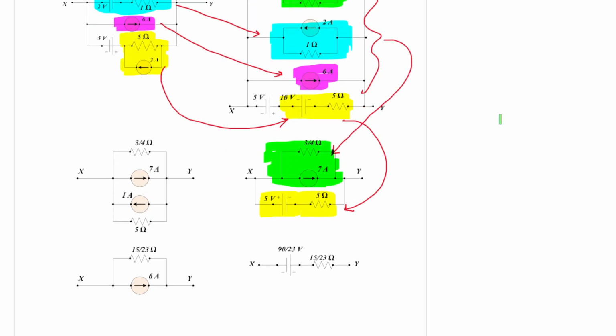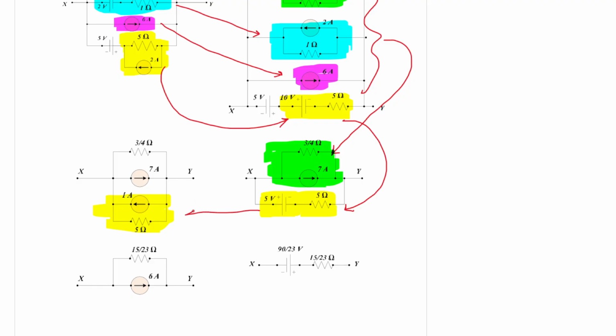And from this we have got a 5 volt source in series with 5 ohm resistance. So again, when you convert it to an equivalent current source, you will get a 1 ampere current source in parallel with 5 ohm resistance.